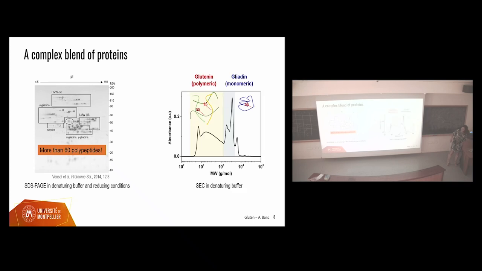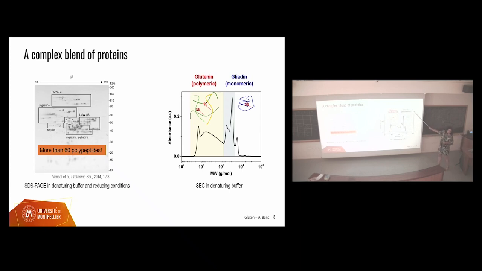A classical way to characterize a gluten sample is to use size exclusion chromatography using denaturing buffer, but without the reducing condition in order to maintain the disulfide bond that we can have between proteins or inside the proteins. And we can identify the two main families, the gliadin and the glutenin one.